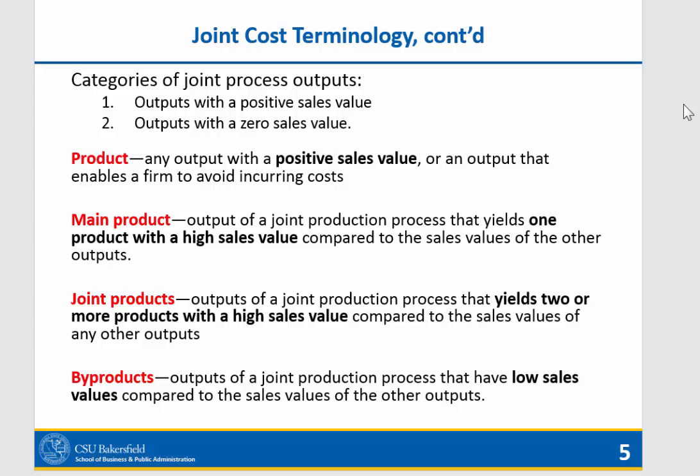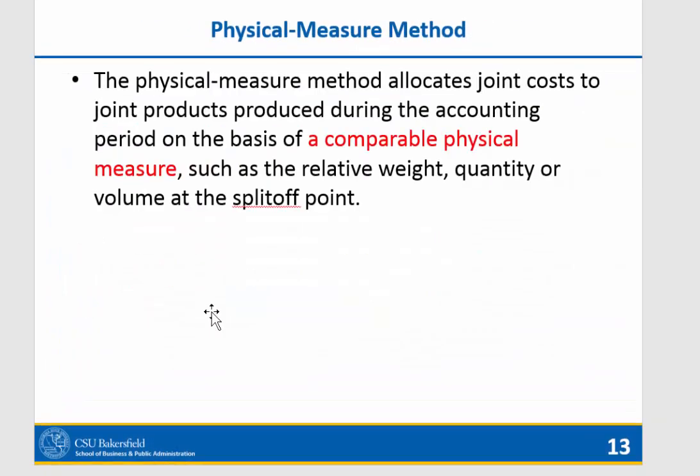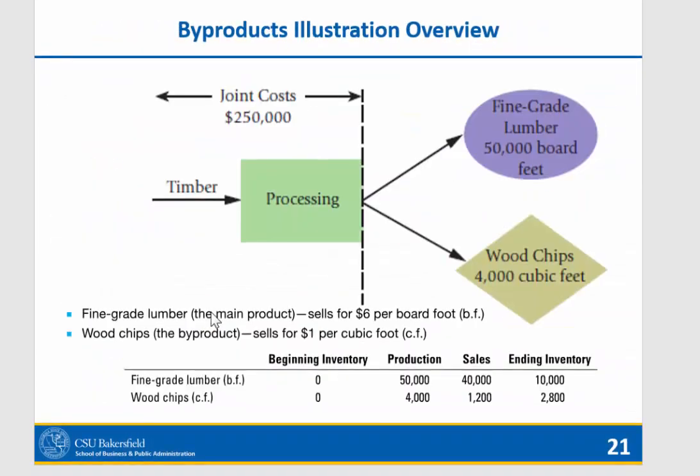The rest have a lower sales value, and those we consider byproducts. If you have two or more products with a high sales value, then they are joint products. The rest of the lecture will focus on how to deal with the byproducts in the manufacturing process.